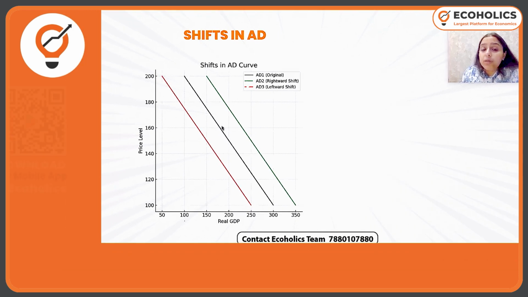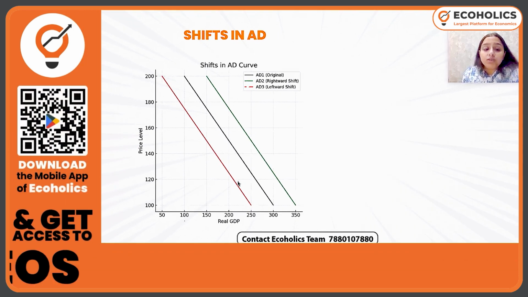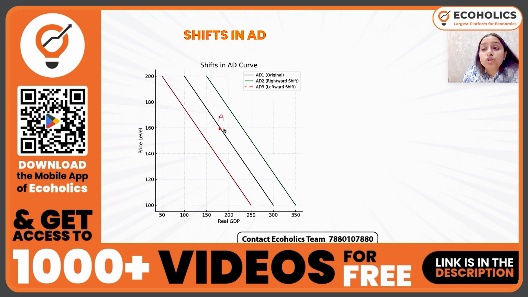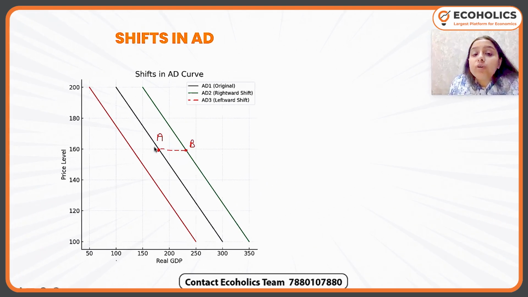Now, what do we mean by shift towards the right side? If you're shifting towards the right side, let's say you are standing at point A. Shifting rightwards means you are shifting from point A to point B, which means at the same price level, you are demanding higher output or more demand is generated.